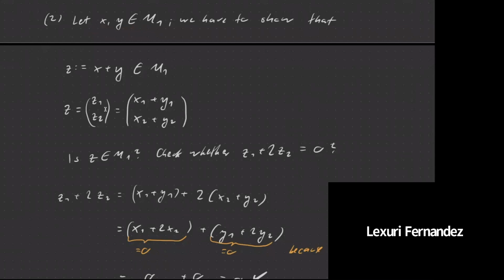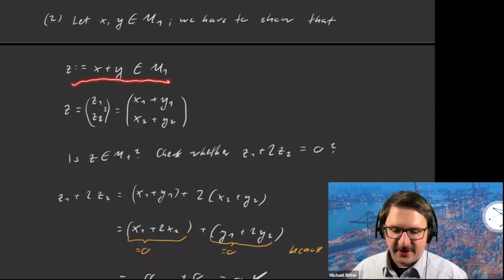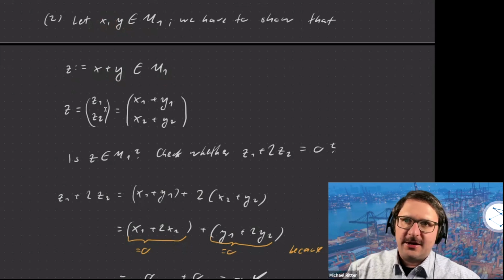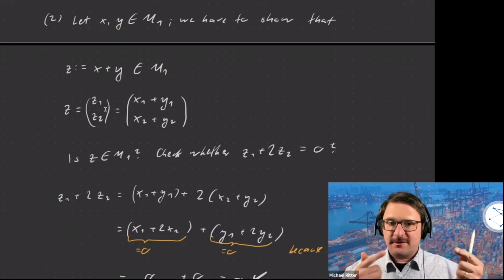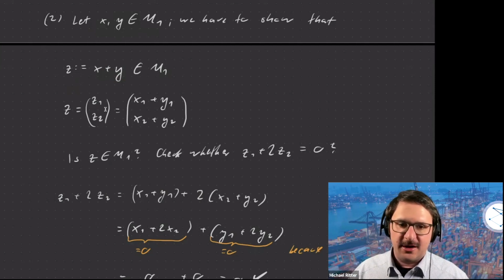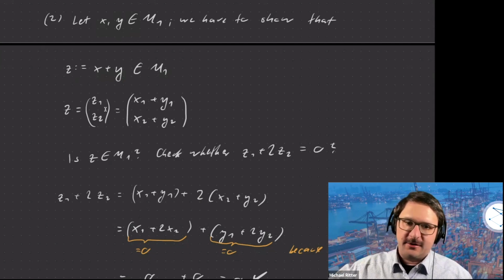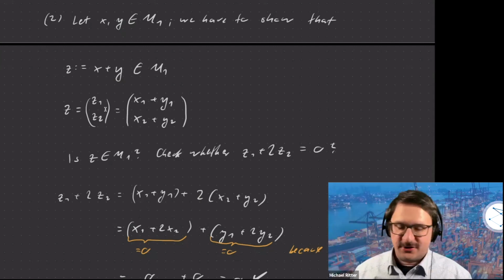The idea here is you need to prove that this closedness holds for every possible choice of x and y. If you use any two selected vectors, then you're only proving that the sum of these two is again contained in the space. But what about others? I could still give you a different vector and challenge you: what about this one? Is the sum of this and that one also contained in U1?